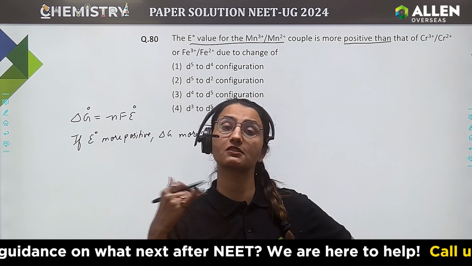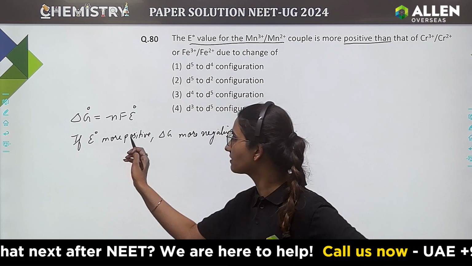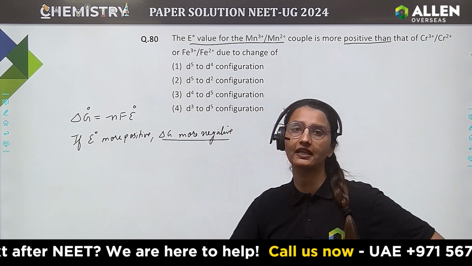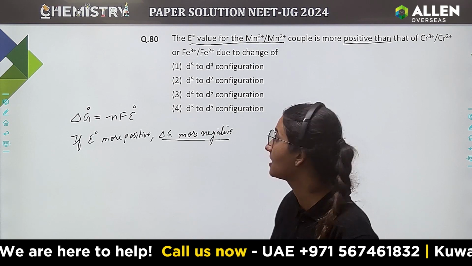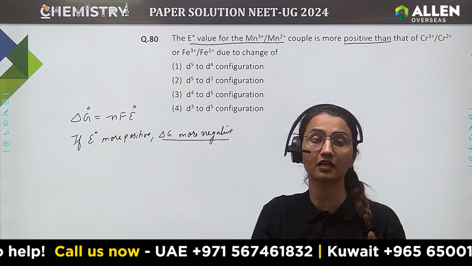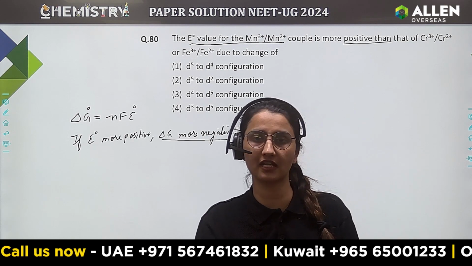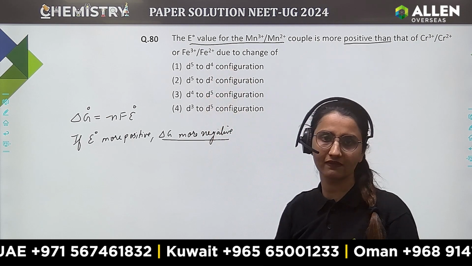That process is feasible, supported. So if E naught is more positive, delta G is more negative, the process is more supported. Means the conversion of Mn plus 3 into Mn plus 2 is occurring at a faster rate, spontaneously. At least faster than these two given in the question.